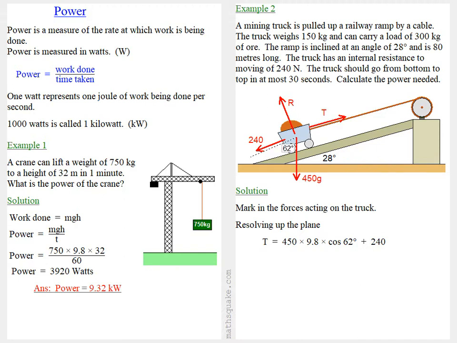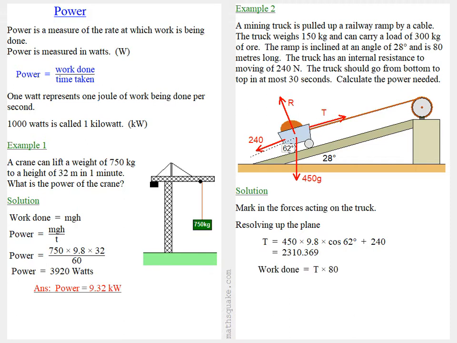So that's the cosine of 62. We've then also got a force of 240 newtons, the resistance force down the plane. So that gives us T equals 450 times 9.8 times cosine of 62 plus 240, which works out to be 2,310.369 newtons.